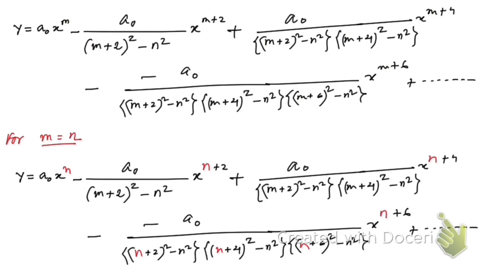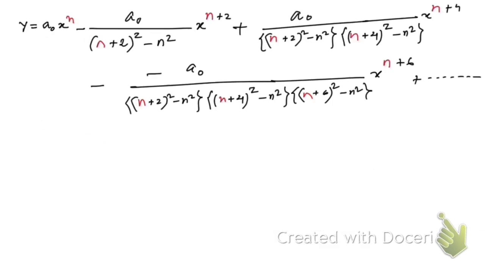Here I also forgot to replace that n; this must also be n, this must also be n, right? So the denominator of this term, let me write here, is n plus 2 whole square minus n square.